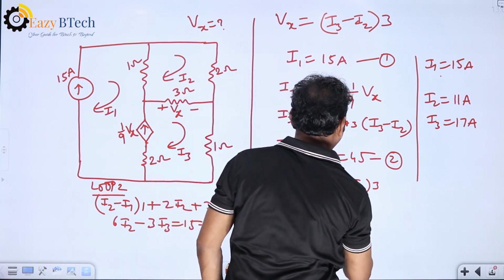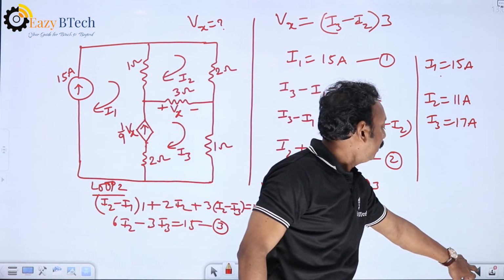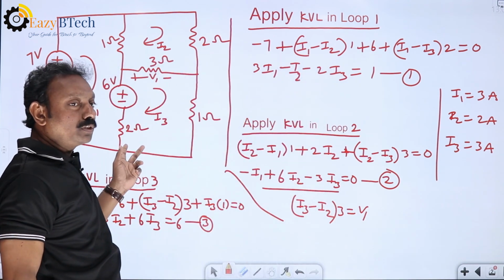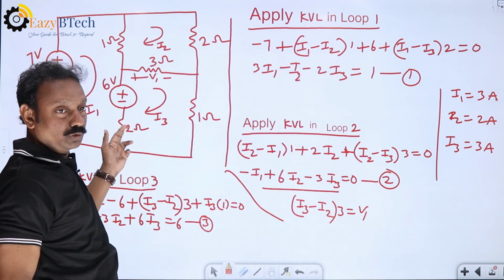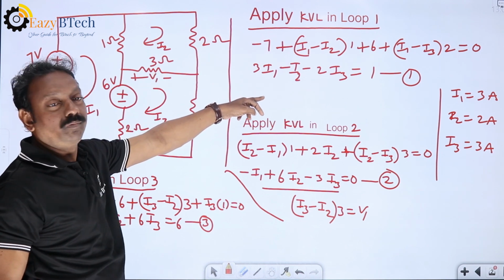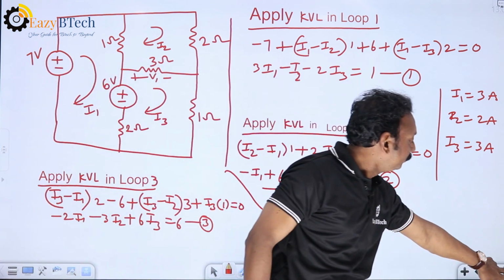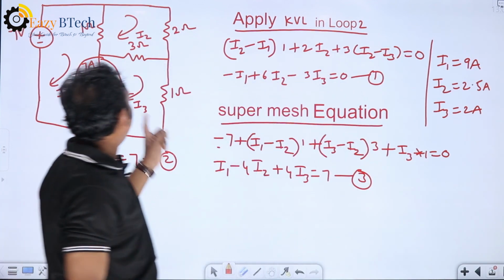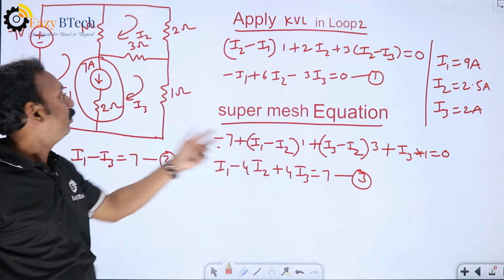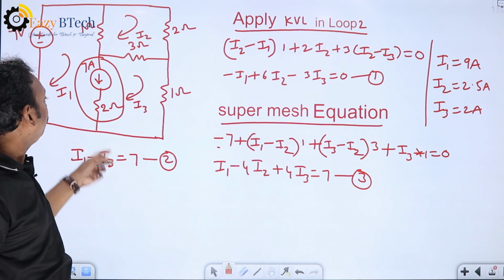Okay. These are the three different problems. The first one we discussed without any dependent sources or any current source: just apply KVL and write everything in terms of the loop currents. Second one, when the current source is present between the loops, we go for the super mesh equation. One is the common term, either I1 minus I3 or I3 minus I1.